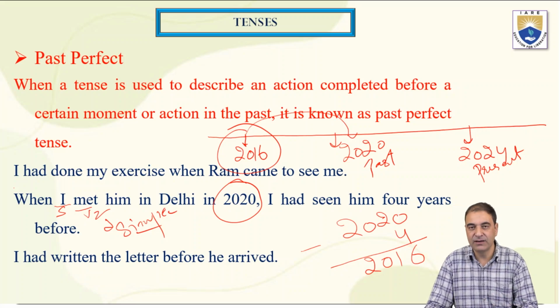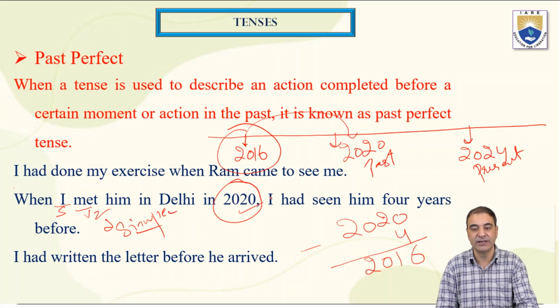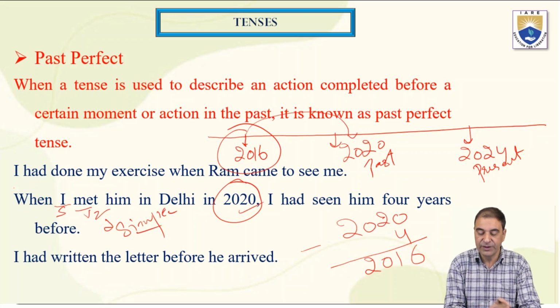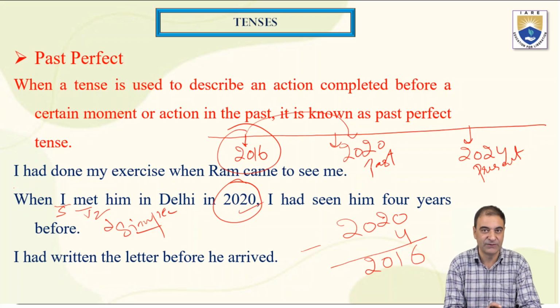And for the second time, in 2020, with the second action, I have to use simple past tense. That's why I met him in Delhi in 2020. I had seen him 4 years before, which means 2016.